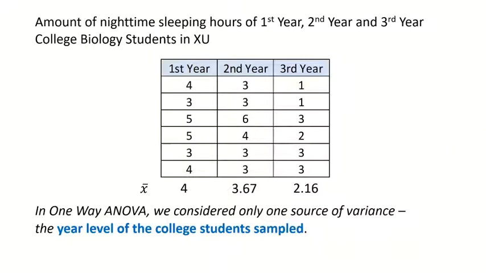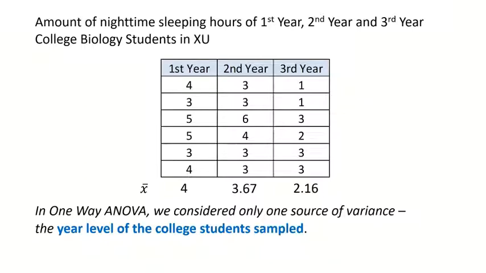So you might have remembered in the last video, we were able to compare the means of these three samples representing three populations using what we call analysis of variance instead of the t-test.